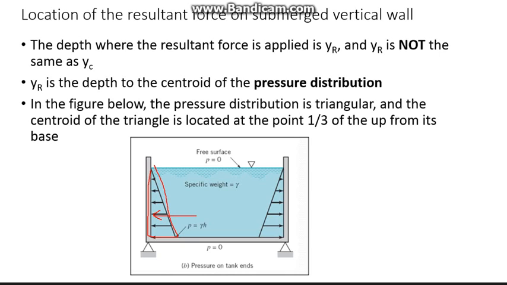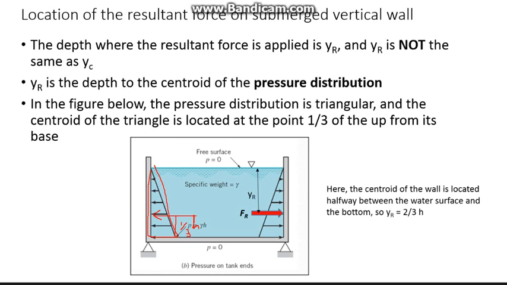For a triangle, the centroid of that pressure distribution is 1/3 up from the base, times h, or 2/3 from the top, excuse me. So here it is. y_R is 2/3 from the top.